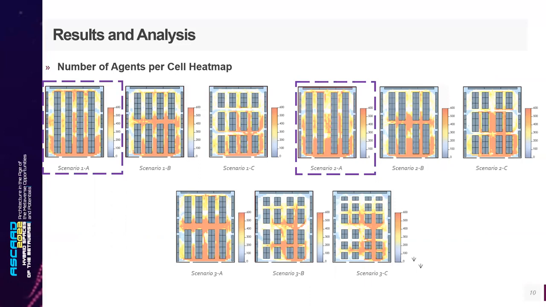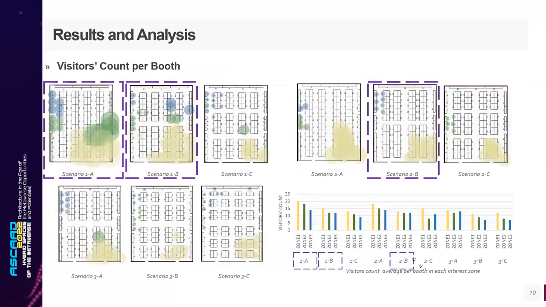We see that for scenario 1A and scenario 2A, there are fewer dead spots and the agents are distributed in a better manner, although most scenarios have bottlenecks in crowded areas.